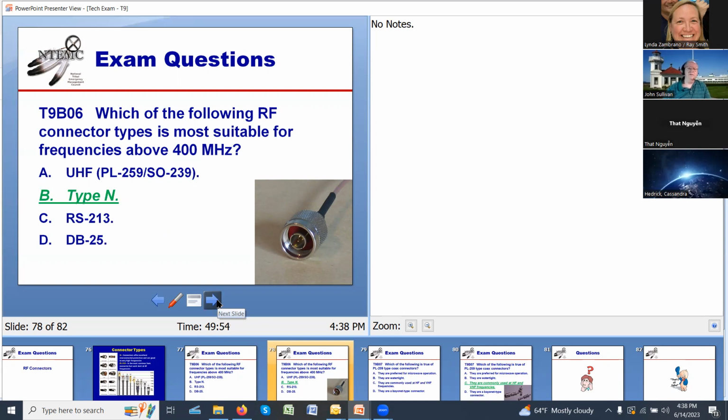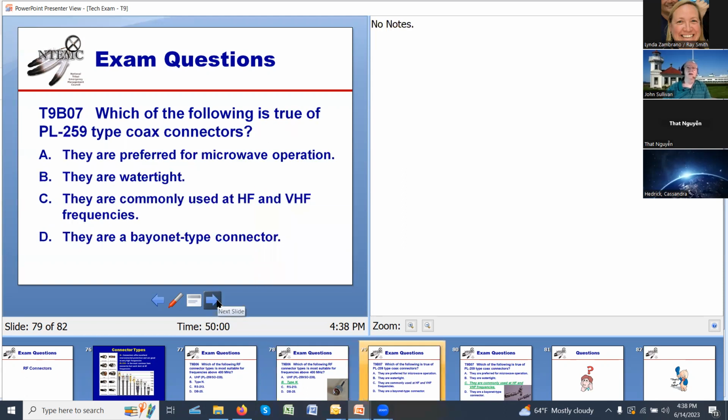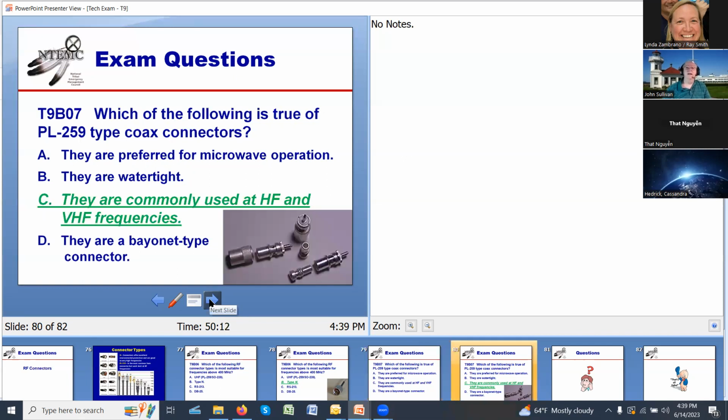The UHF PL259 SO239 is most common, but type N is the best above those frequencies. Which of the following is true of the PL259 type coax connector? Again, they are the most commonly used, and we use them in HF and VHF frequencies.